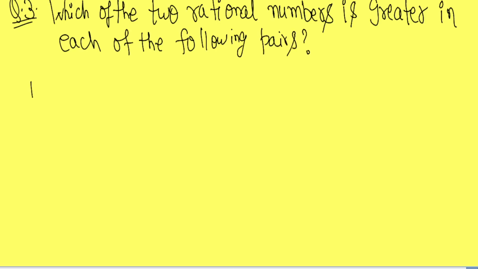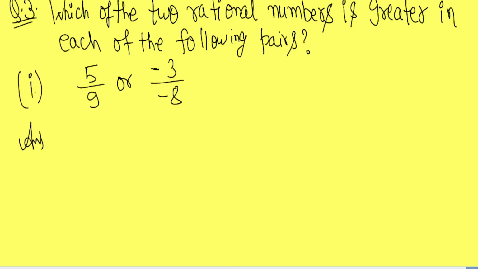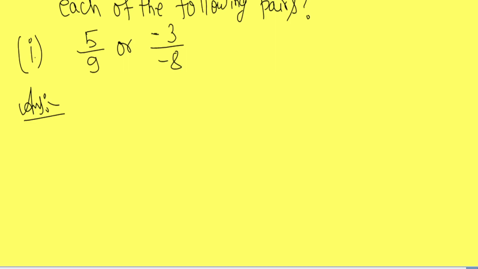Here you are given two pairs of rational numbers and you have to tell which is bigger out of these two pairs which are given. Okay, so the first pair is 5/9 and -3/-8. So let's see which number is greater in the given pair. If you see 5/9 and -3/-8, the denominator of both rational numbers is different.